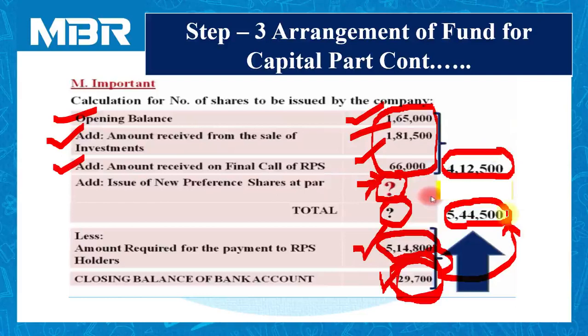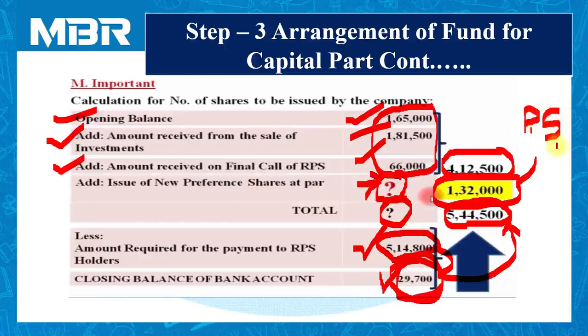So the difference between the amount available to the company and the amount required by the company is rupees 1,32,000. It means that the company is required to collect rupees 1,32,000 by issuing new preference shares.